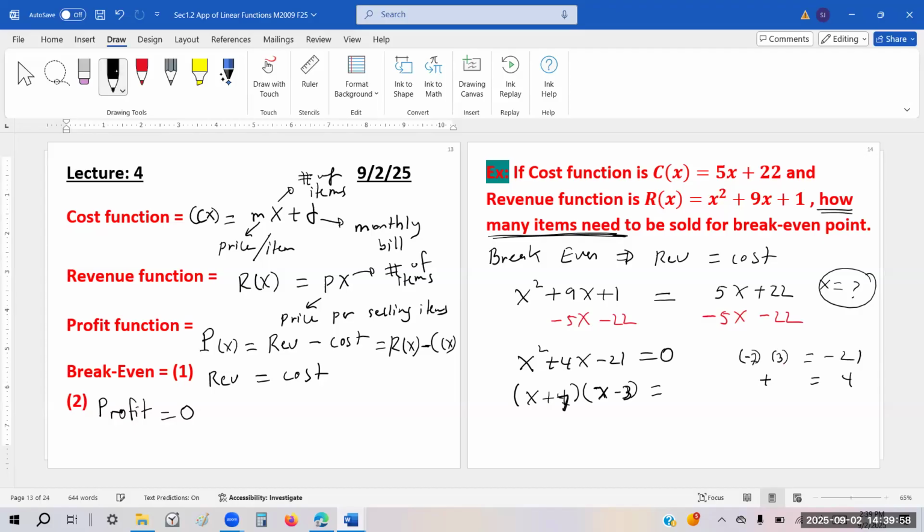Negative 7 times 3 is negative 21. Negative 7 plus 3 is, sorry, other way around. 7 and negative 3. 7 times negative 3 is negative 21. 7 minus 3 is 4. I should write this nicely. 7 times negative 3.